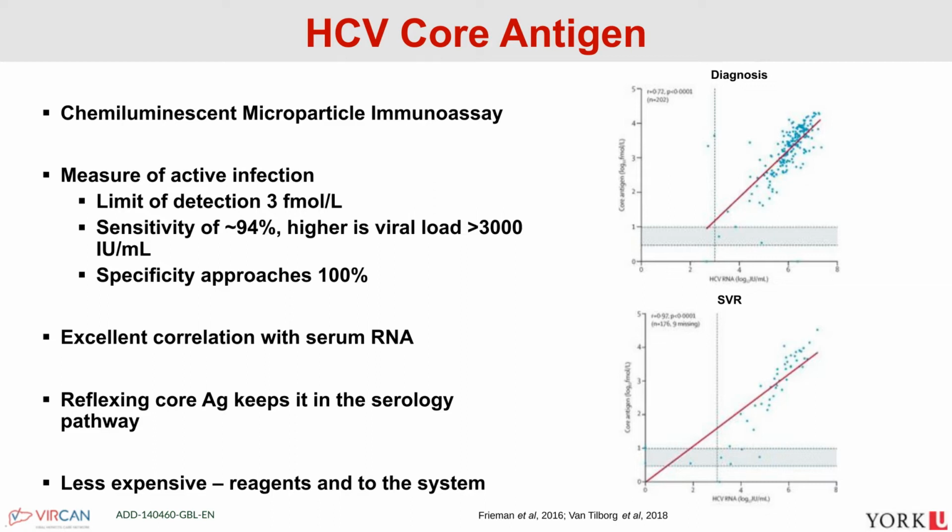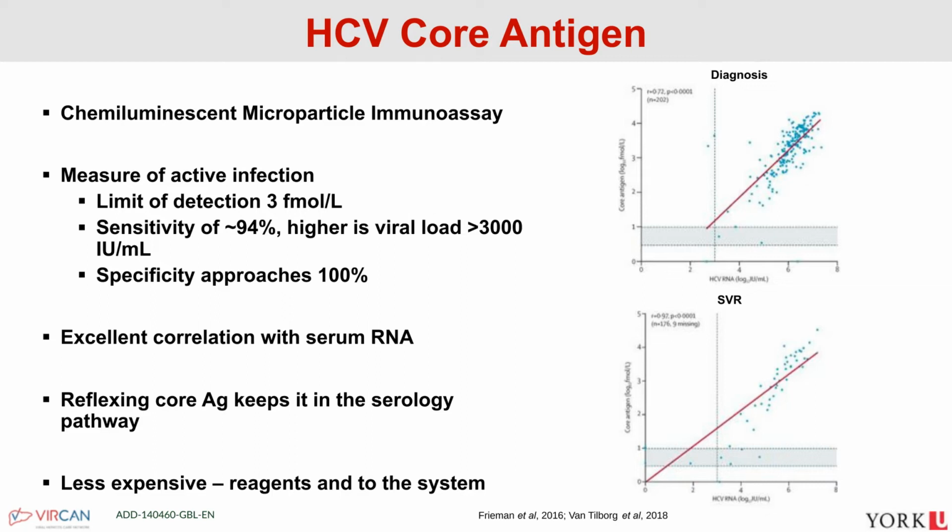And in terms of the studies around sensitivity, I just want to preface this by saying there has been a lot of investigation into this assay, and the sensitivity is around 94%, although there's really a viral load cutoff. So when the viral load is higher than 3,000 IUs per ml, the sensitivity approaches 100%.